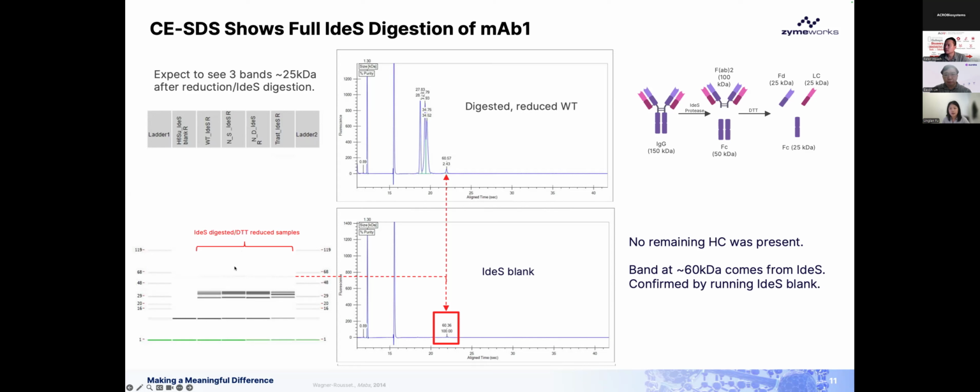And there is a faint band around 60 kilodaltons. You might not be able to see it, but it was confirmed to be IdeS itself by running an IdeS blank. So our digestion was successful, with no remaining intact heavy chain.